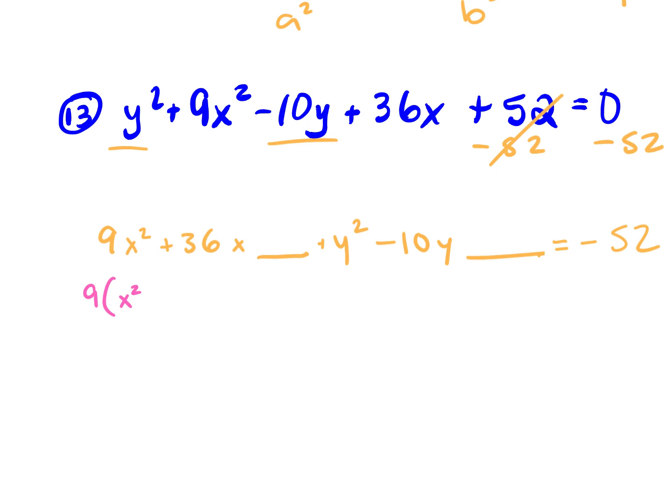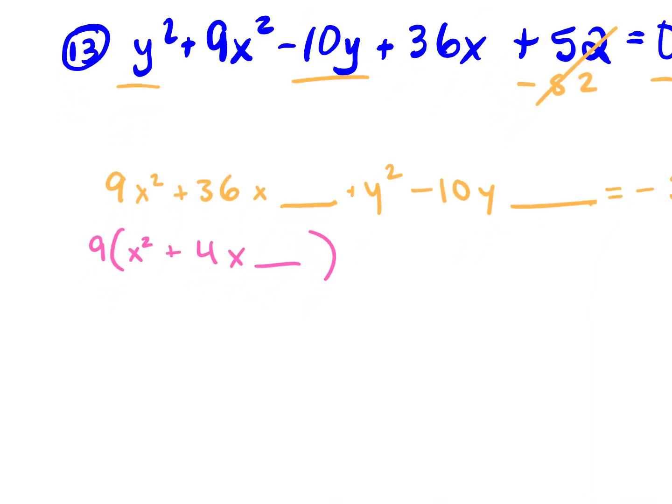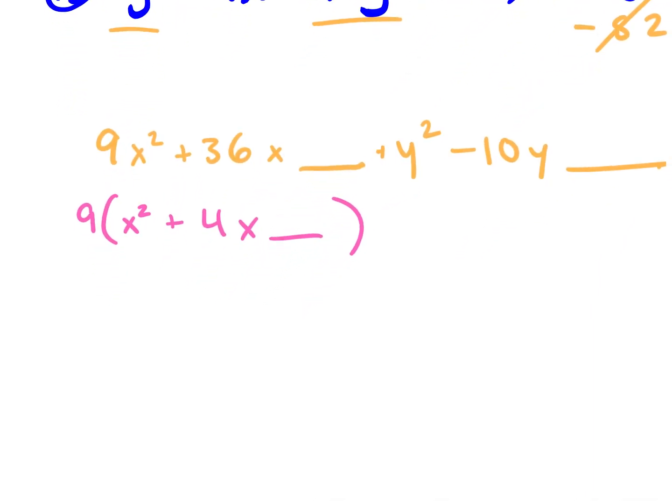So 9x squared divided by 9 would just be x squared, and then 36x divided by 9 would be 4x. You have to take out that 9 before you complete the square because that changes the value of b. It will change your whole equation. So you have to take out that 9 first.